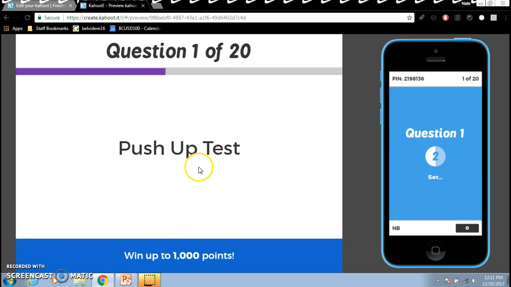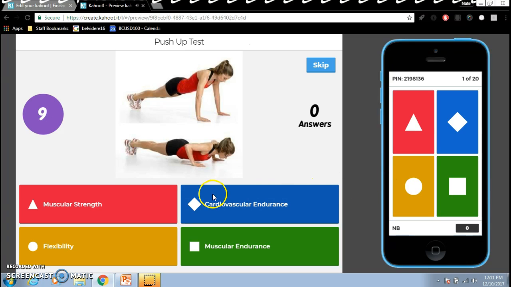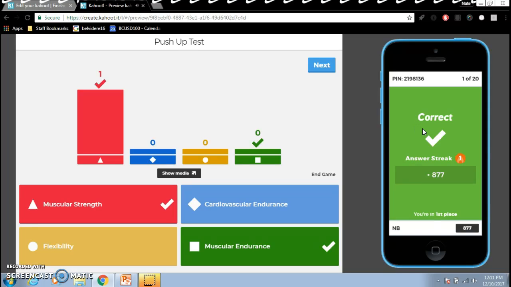So first question, push-up test. Muscular strength. So I know that was really quick. I probably shouldn't have gone that fast, but that was a storyboard image of a woman in the starting position of a push-up and then in the finishing position of a push-up.